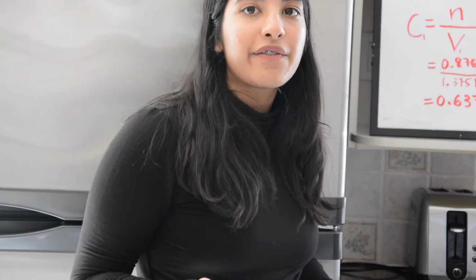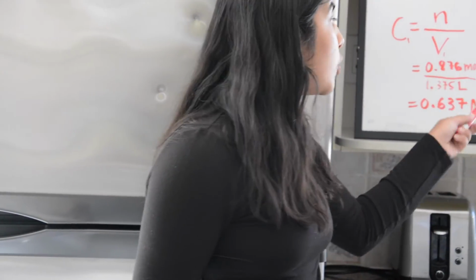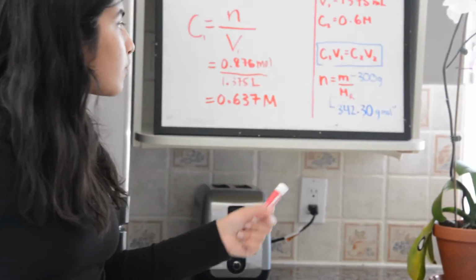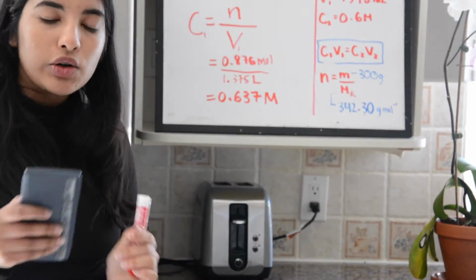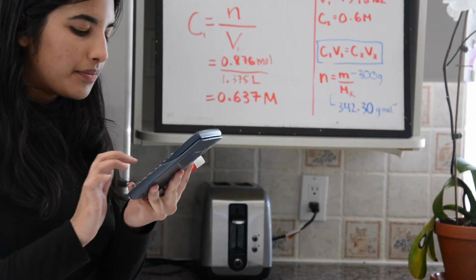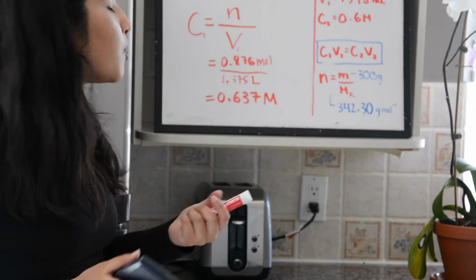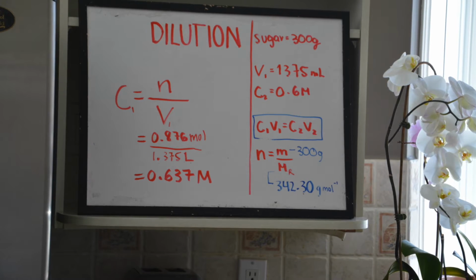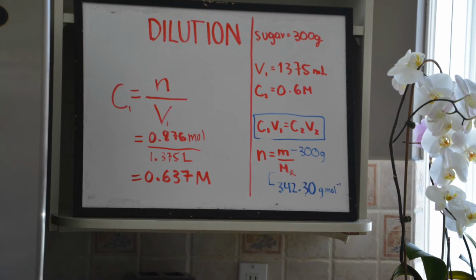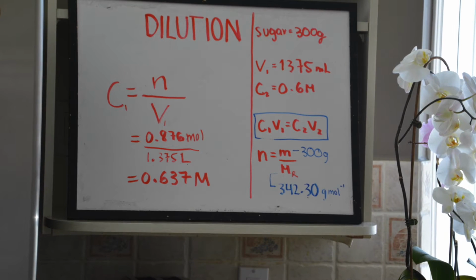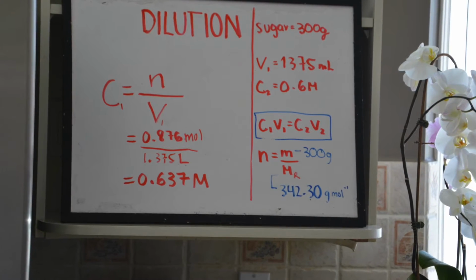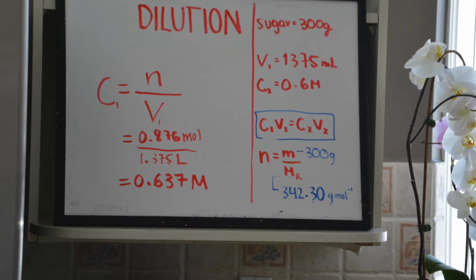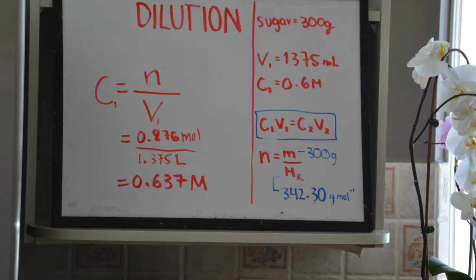So this means that we can fill in the moles equals mass over molar mass formula and find the value of moles to be 0.876 moles. And now if we divide this by the original volume, which is 1.375 liters, we'll get the original concentration to be 0.637, which is already all written on the board for you.